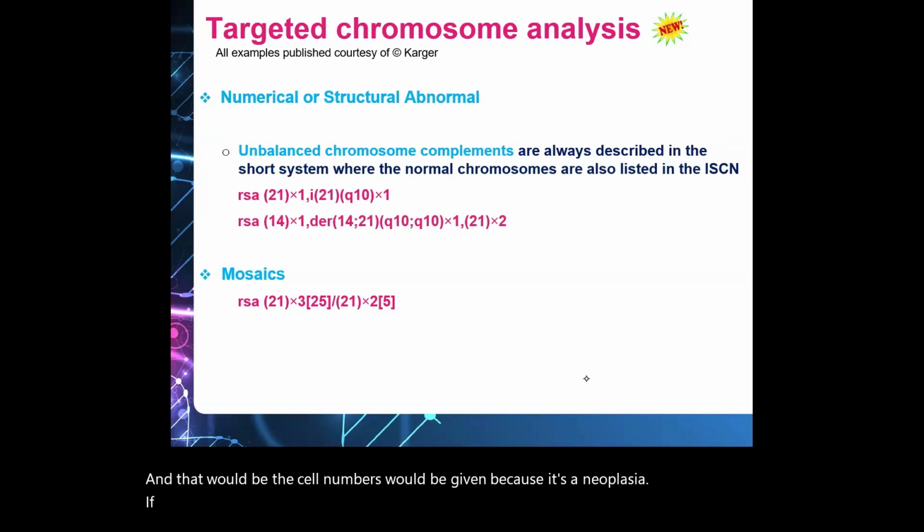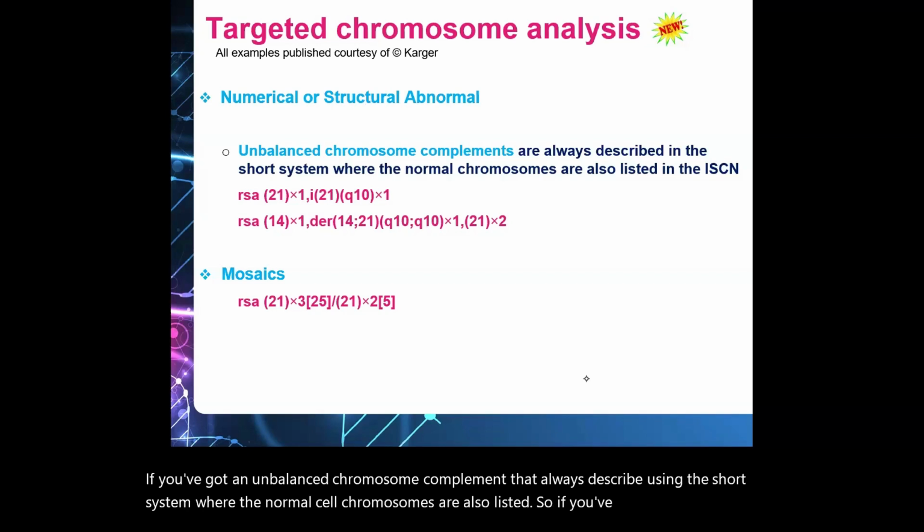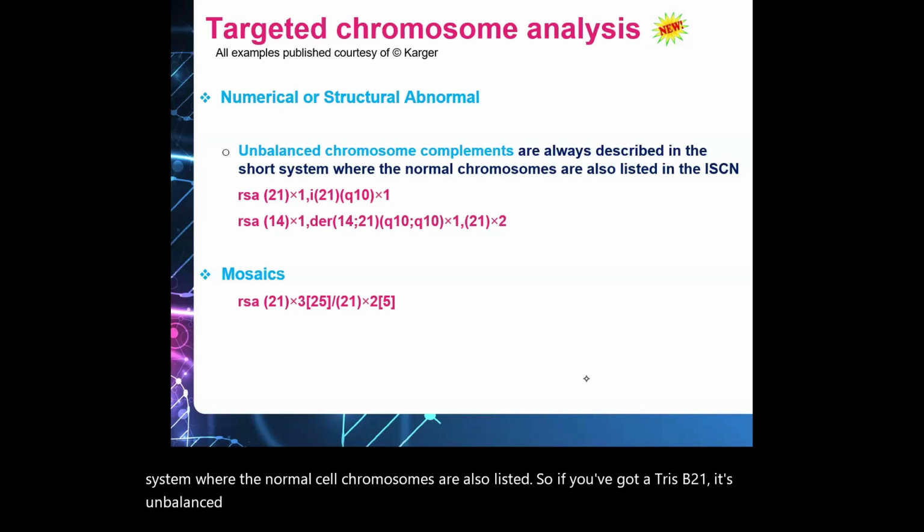If you've got an unbalanced chromosome complement, they're always described using the short system, where the normal cell chromosomes are also listed. So if you've got a trisomy 21, it's unbalanced. So you've got to say the 21 is one copy, normal copy 21, you've got an ISO 21.